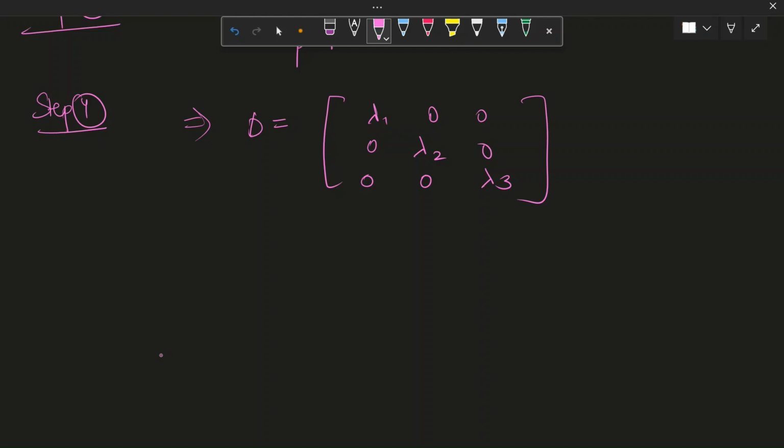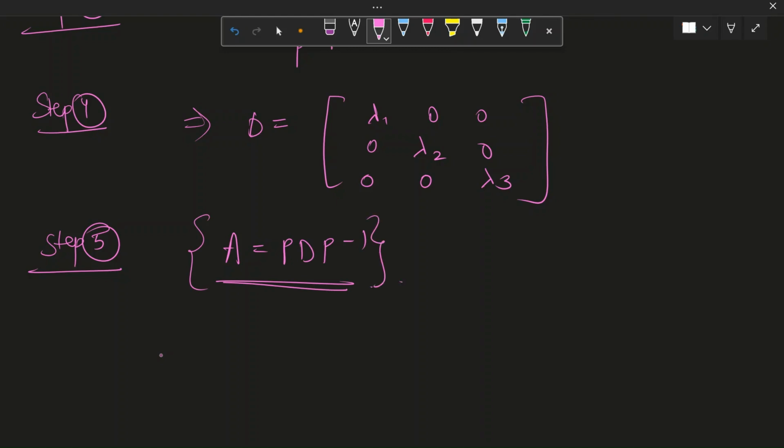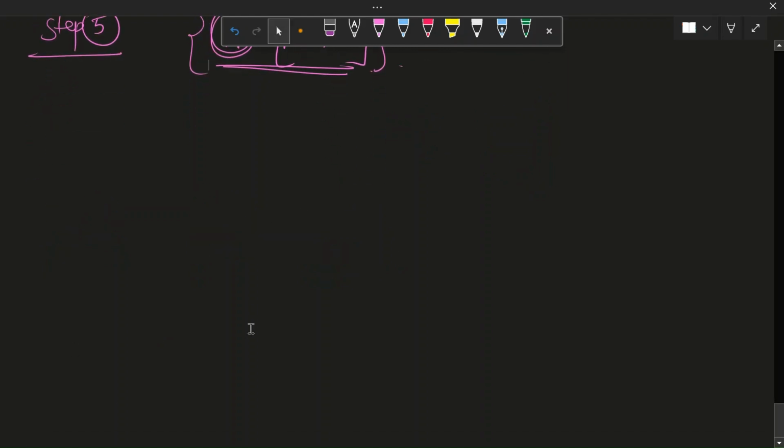The last step is to verify the similarity transformation. Here we put the values into the equation that we learned at the start and verify that the result is equal to our original matrix A.